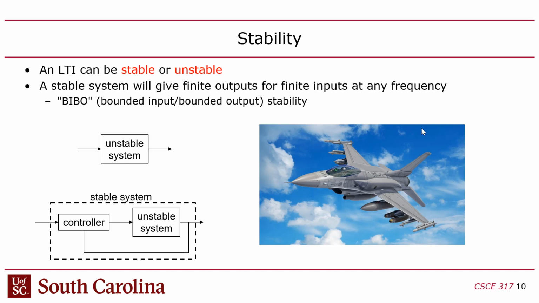In other words, if you have an unstable system, you can combine it with a controller in a feedback loop, in closed loop control, and the resulting system will be stable from the perspective of the input into the control system, the set point input, because this input is a set point, right?